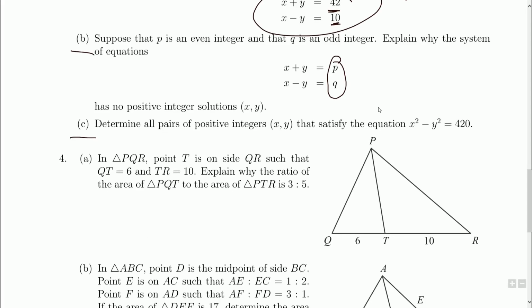All right, C, the last part here. Determine all pairs of positive integers x and y that satisfy the equation x squared minus y squared is 420. Okay. So, what I would do here, I recognize that this is a difference of squares.